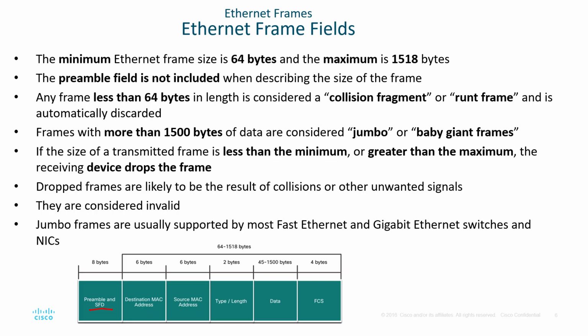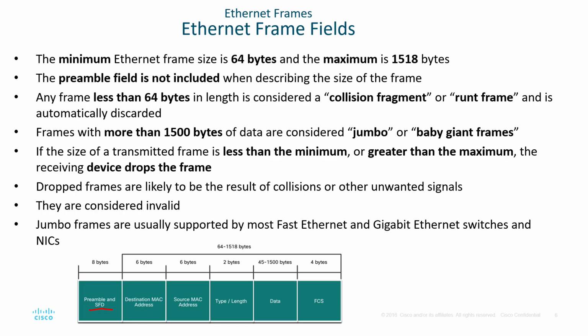If the size of a transmitted frame is less than the minimum or greater than the maximum, your receiving device will simply drop the frame and not even bother to try and process it. Dropped frames are likely due to the result of collisions and other unwanted signals. They are considered invalid. Jumbo frames, however, are usually supported by most fast Ethernet and gigabit switches and their NICs.